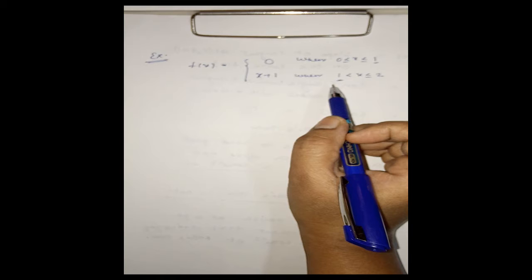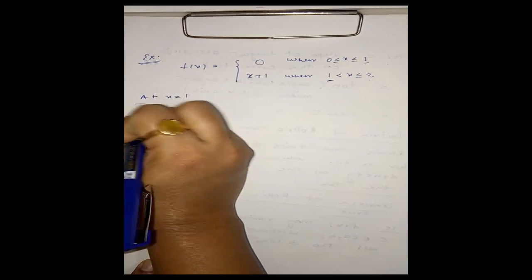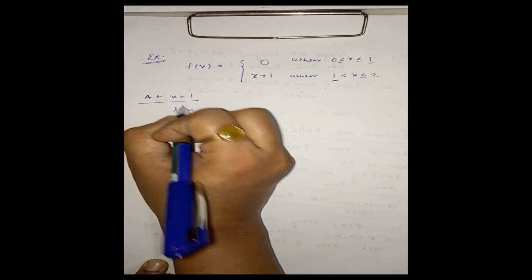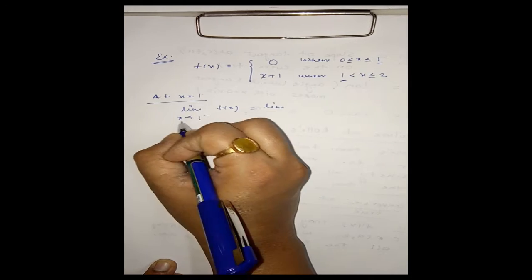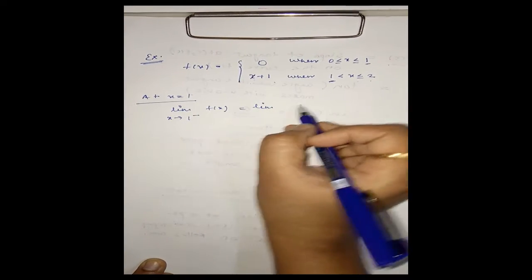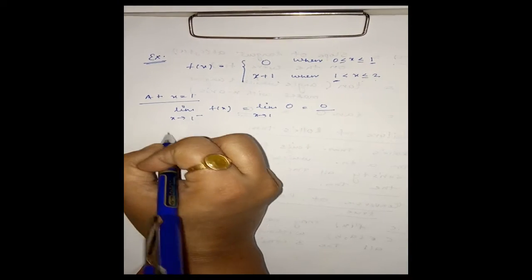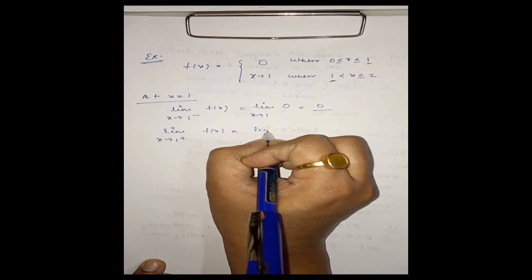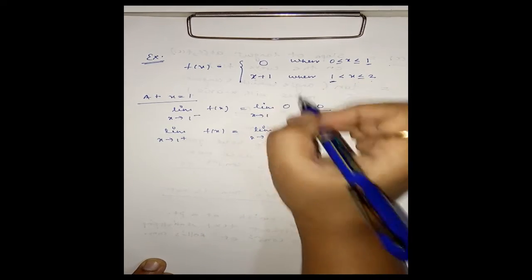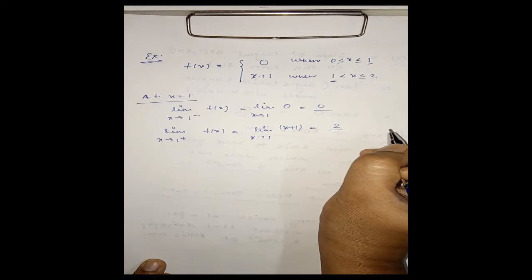Therefore, we will check its continuity and differentiability at the point 1. Limit as x tends to 1 minus of f(x): x is taking values less than 1, where the function is defined as 0, so this is 0. Limit as x tends to 1 plus: x is taking values more than 1, so f(x) is x plus 1, and taking the limit this will be 1 plus 1, that is 2.